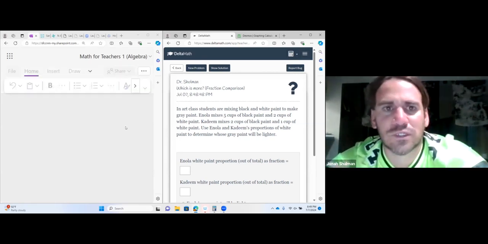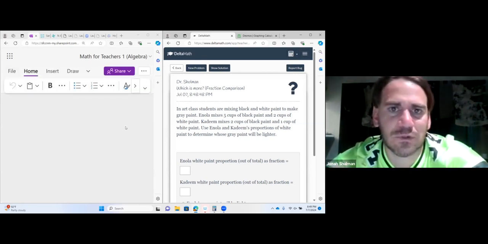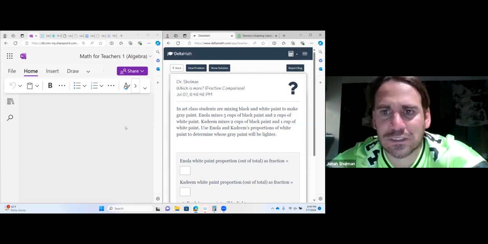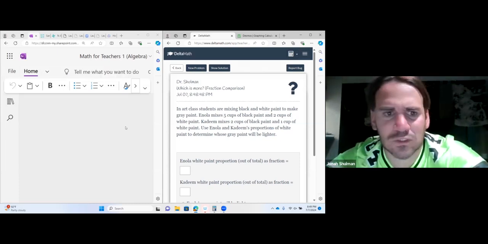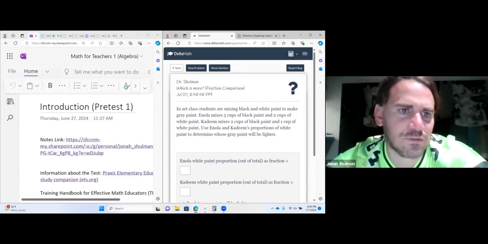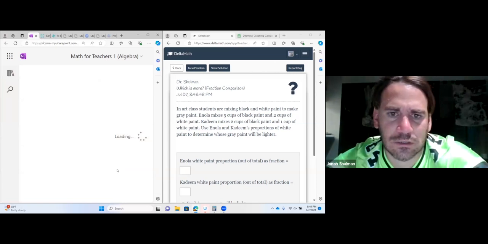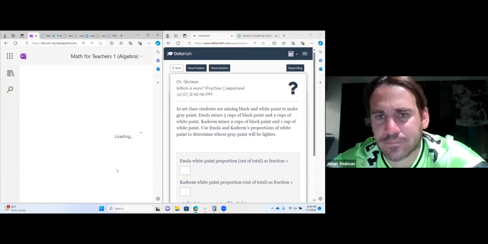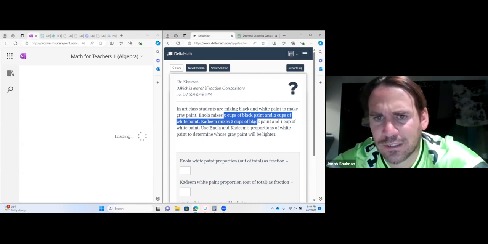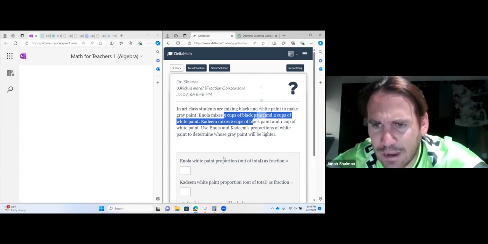So this one isn't too crazy. There's stuff in here, but most of the stuff we're going to do is really simple. Just remember for every time there's a fraction, it's just going to be what you want out of the total. Let's try to get back here, see if it works yet again. So we've got 5 cups of black and 2 cups of white. We want out of the total.